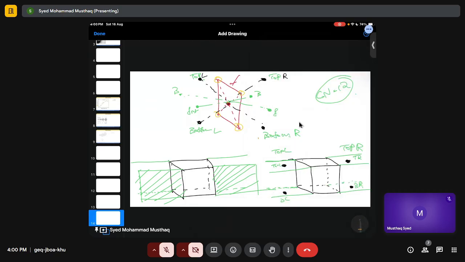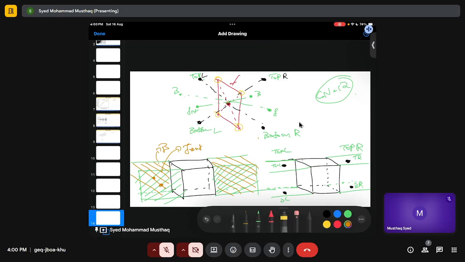Okay, so the back ones will look like this. The back, and this is the front. Okay, so the front has one atom here. The back will also have another atom here. Again, the front will have another atom and the back will have another atom.